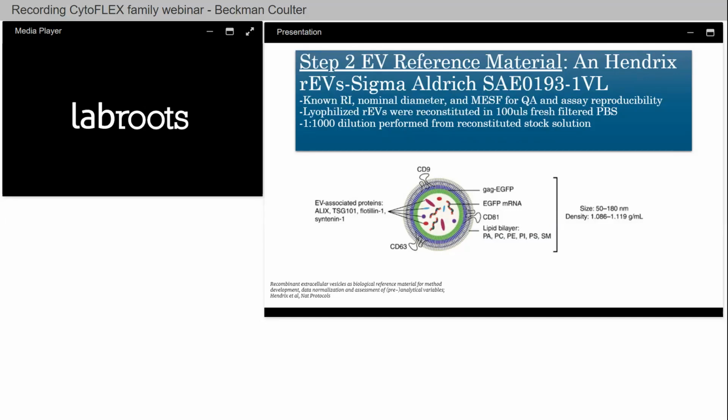Now, we did not use them all. You have them at your disposal to make them a little more biologically significant to what your project is. But for our proof of concept, we just wanted to use that GFP to understand our machine and start putting together some protocols. So we kept it simple again.